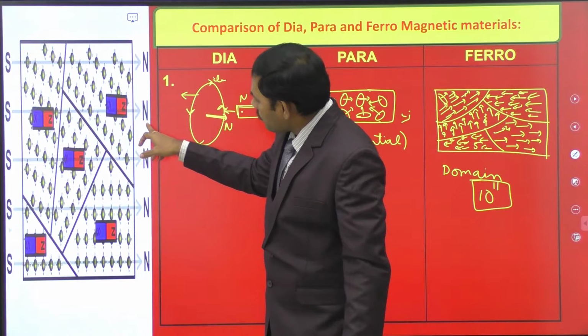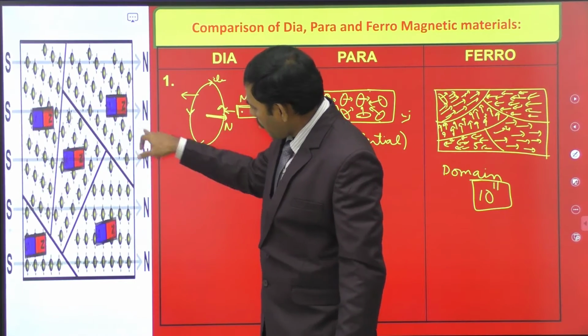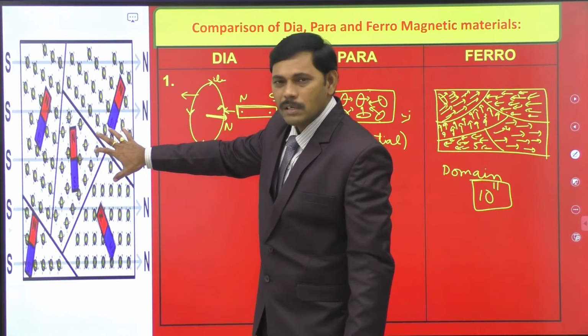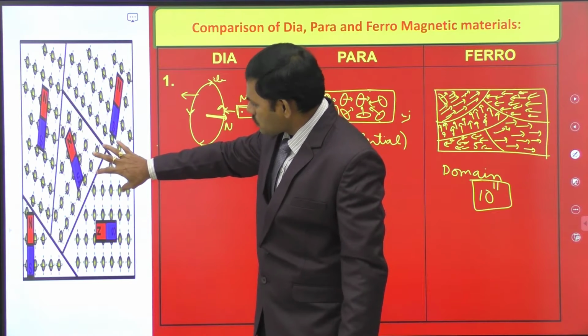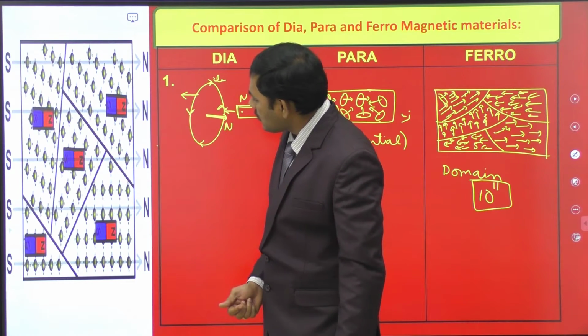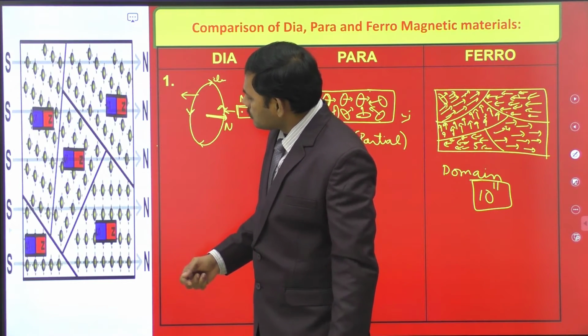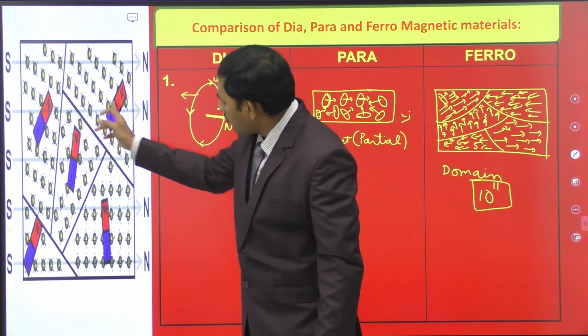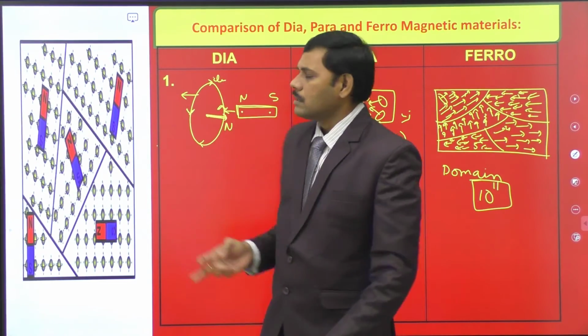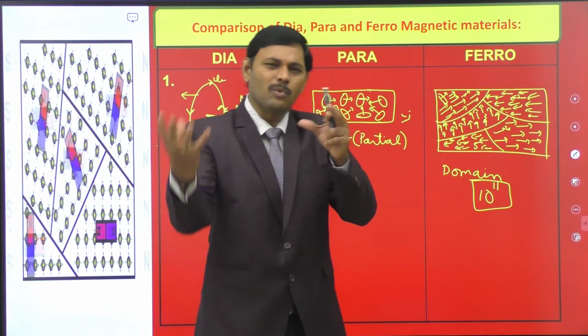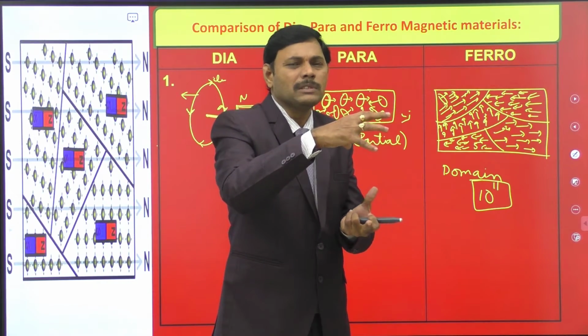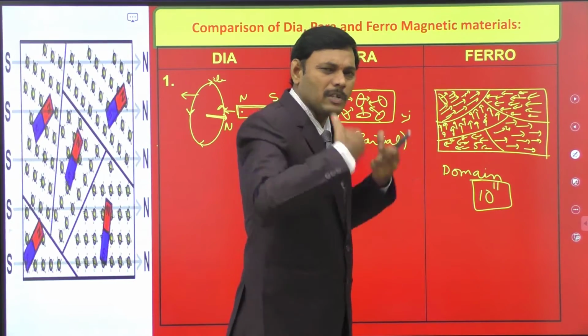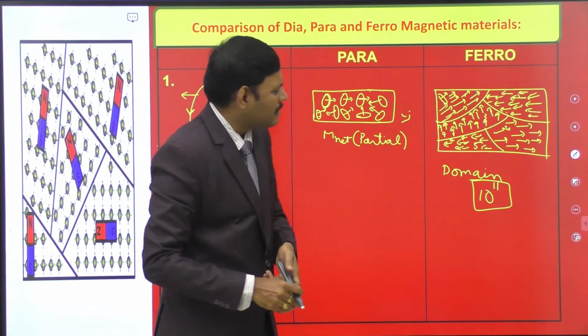So like that, all are oriented along the same direction. See, this image animation shows the orientation of domains along the same direction. First of all, there is no magnetic field. Now I applied a magnetic field and all domains are orienting their atoms along the same direction to contribute their magnetic moments along the same direction.